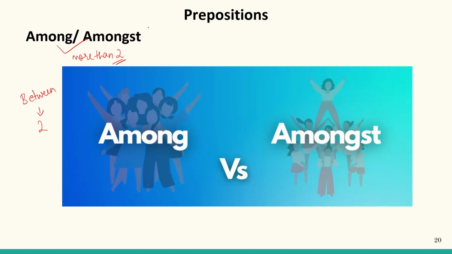Now the difference between among and amongst is that amongst is used before a word beginning with a vowel. If a word begins with a vowel, we use amongst before it. But if there are more than two persons and the word doesn't begin with a vowel, we use among.